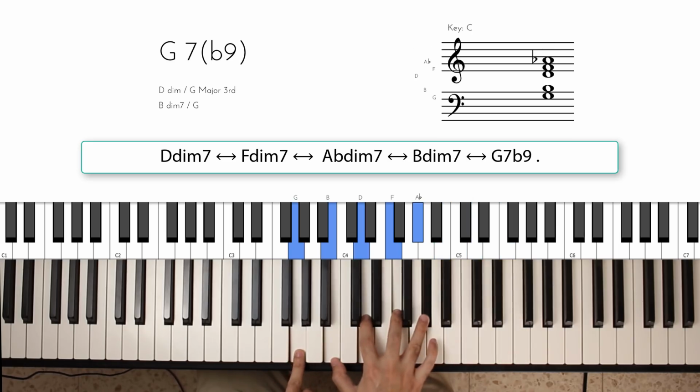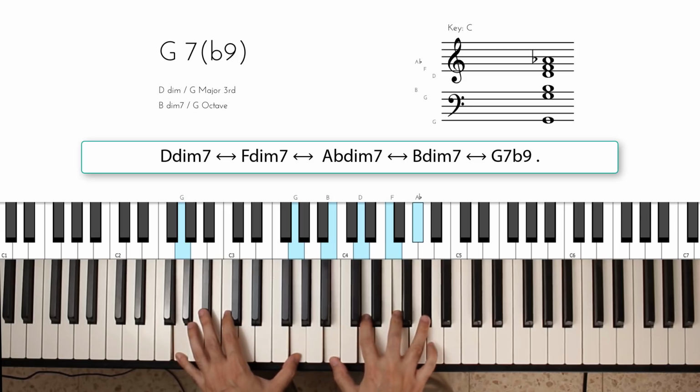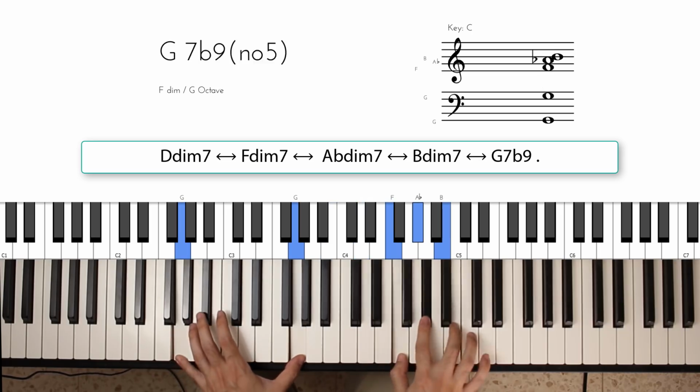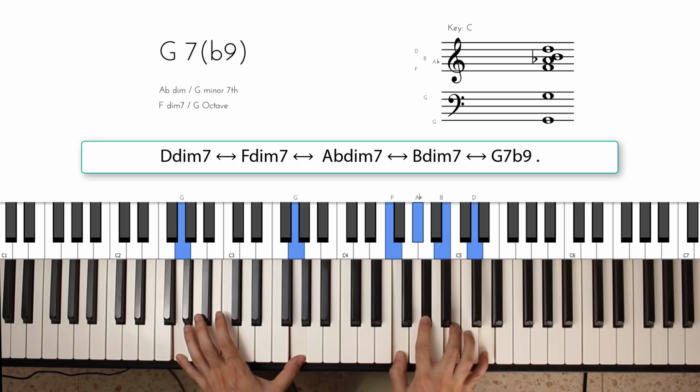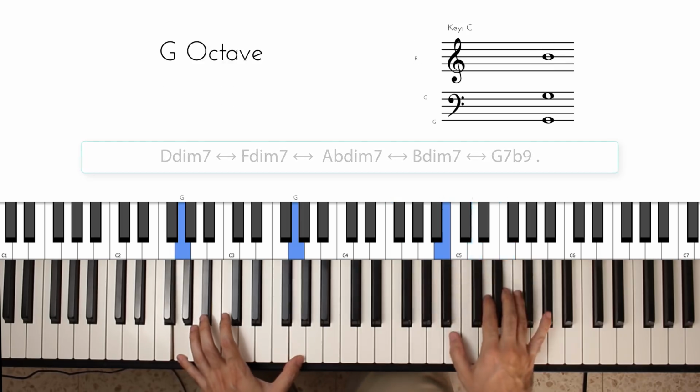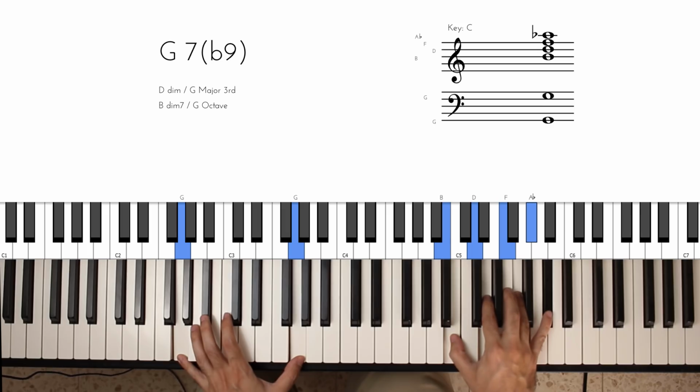So we can play any of these inversions over the bass of G. Here's number 1, here's number 2, number 3, and number 4. If we do it again, we're back at the position we started out from.